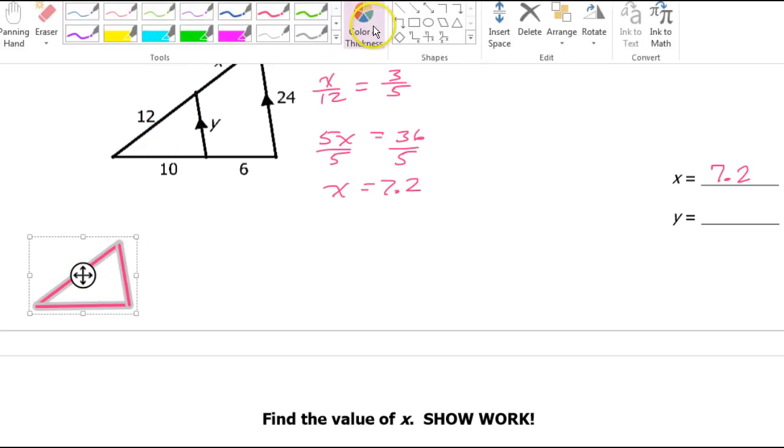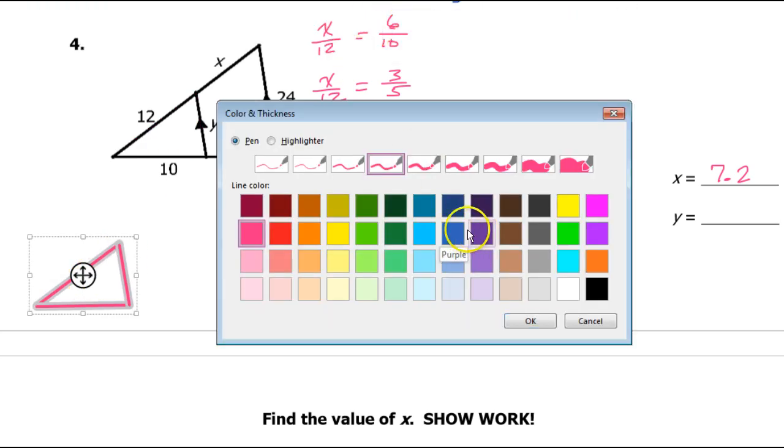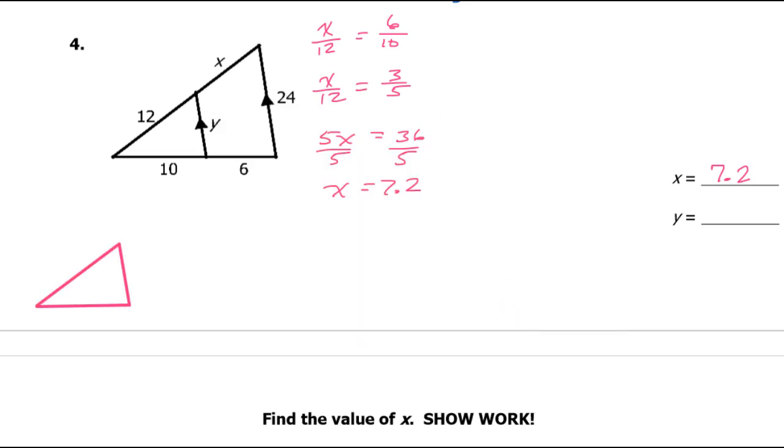And then I've got the larger triangle. Alright, so a problem like this, you have to deal with the two triangles separately when you're dealing with the parallel sides. So the smaller triangle, this side is y, and this is 12, and this is 10.